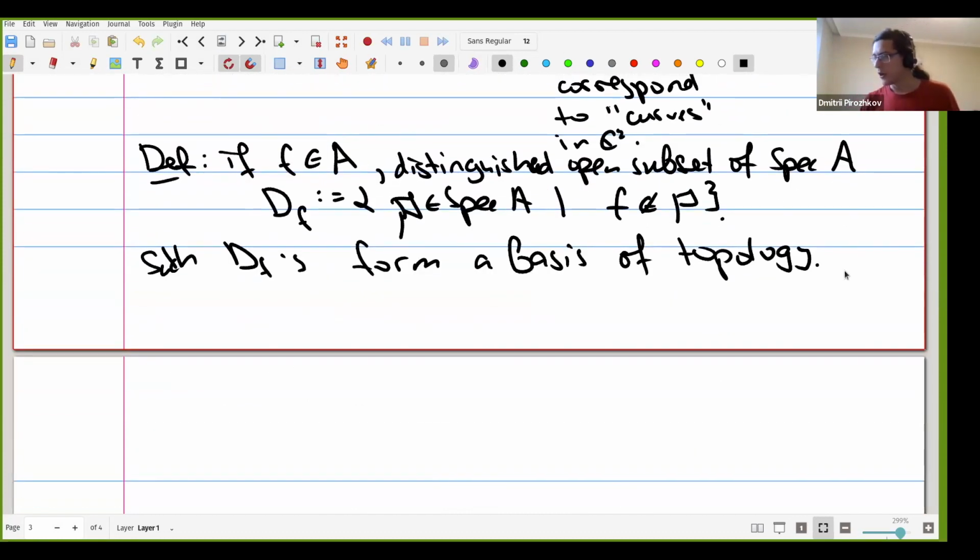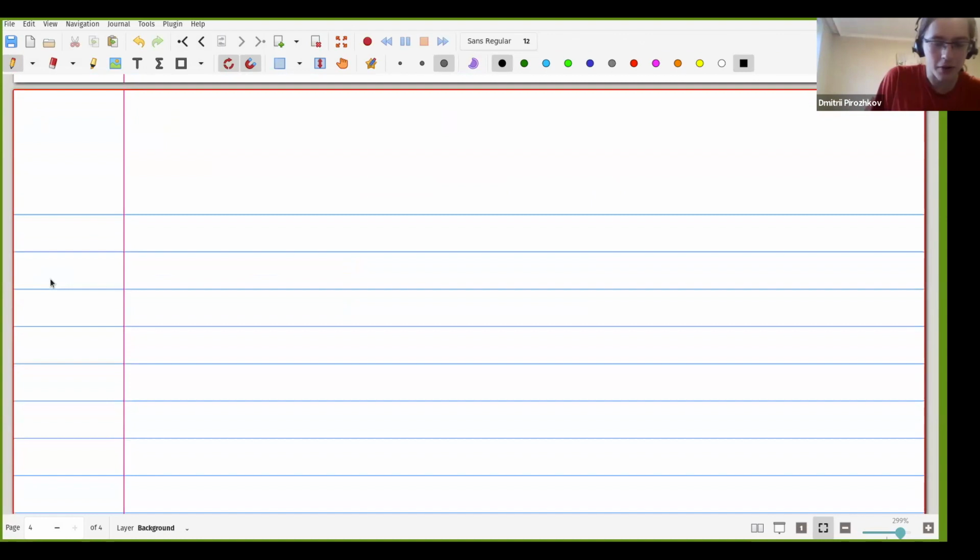Okay. So why are we interested in this topology? Because what we want to do with this picture, and what we want to do in algebraic geometry, is to work locally. So this is another part: why topology.